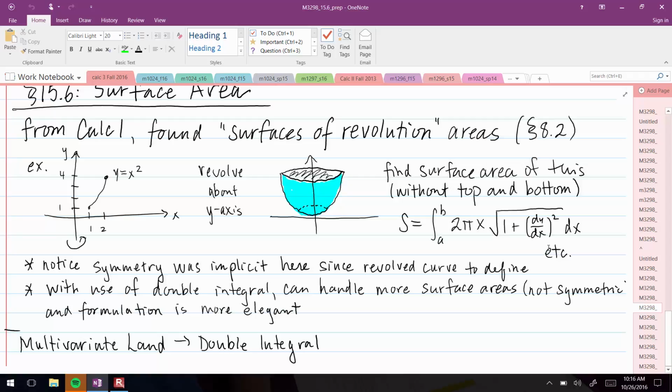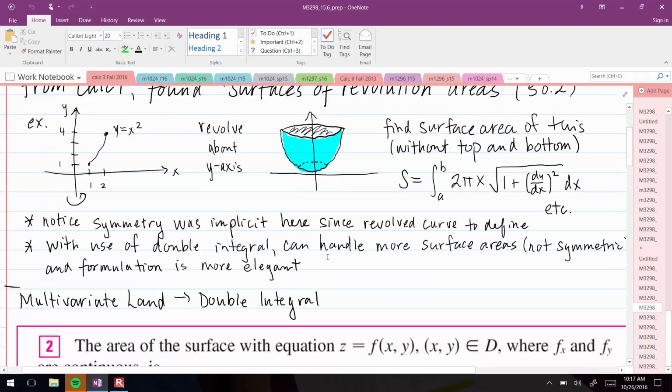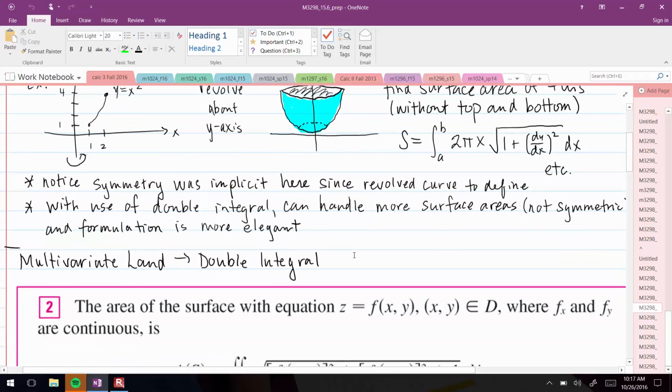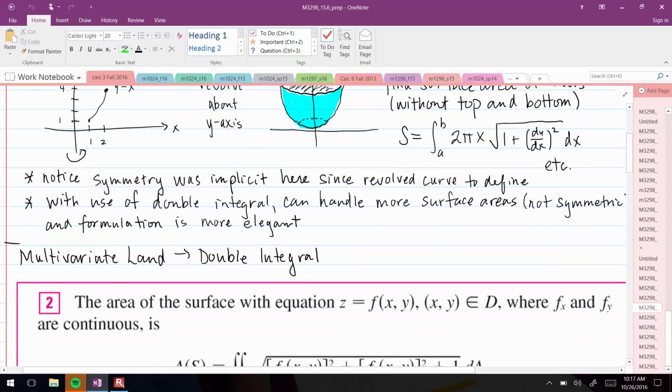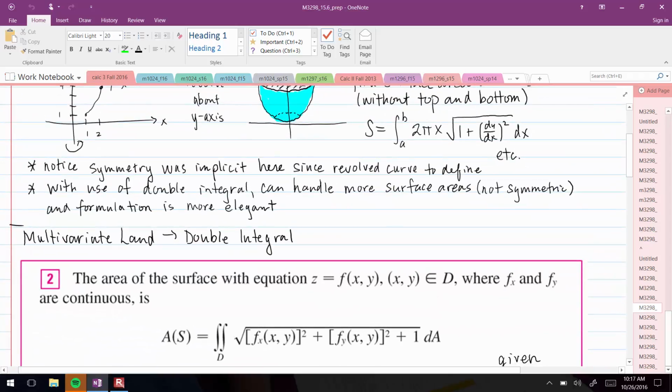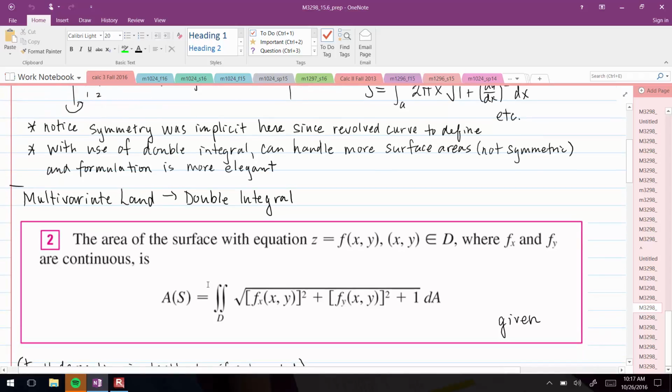It doesn't have to have this symmetry. And it's going to be more elegant. There's a formulation, but it's not going to be quite as bad. So when we have double integrals at our disposal, they're preferred in probably whatever you study because they're simpler when you have that extra dimension. So that's a theme we've seen in the last few sections here.